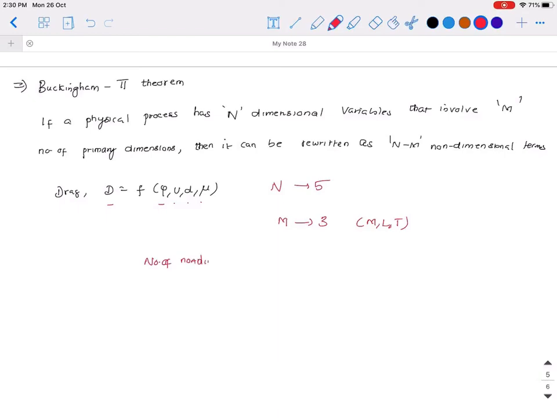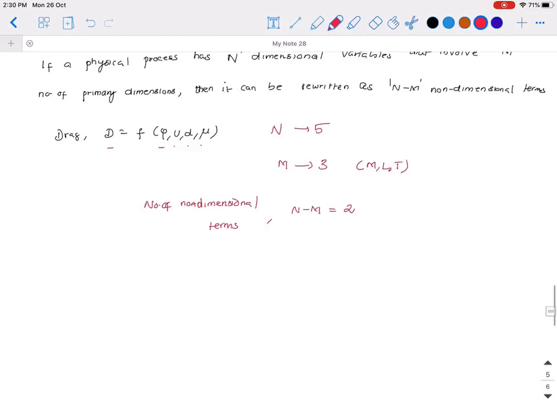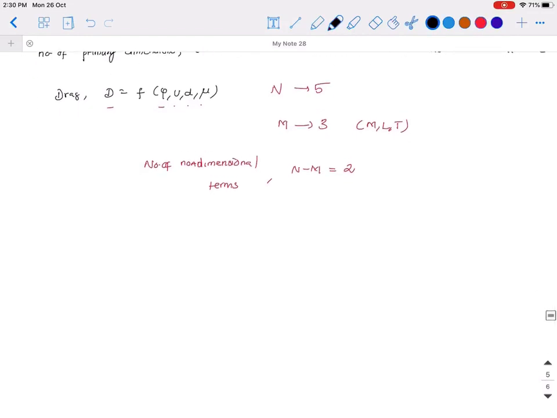So the number of non-dimensional terms is n minus m, which is equal to 2, which is what we have written earlier: F by rho u squared d squared is a function of mu by rho u d. This is non-dimensional number 1 and this is non-dimensional number 2.